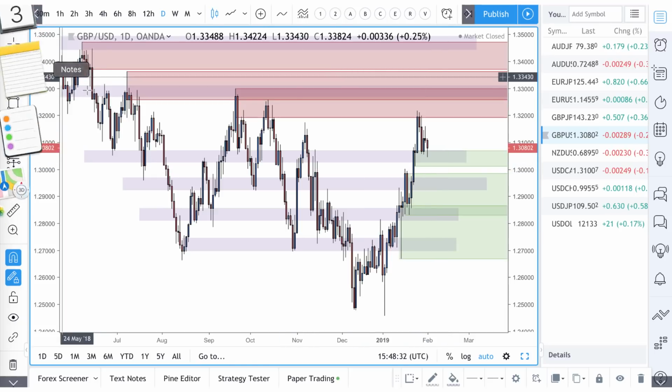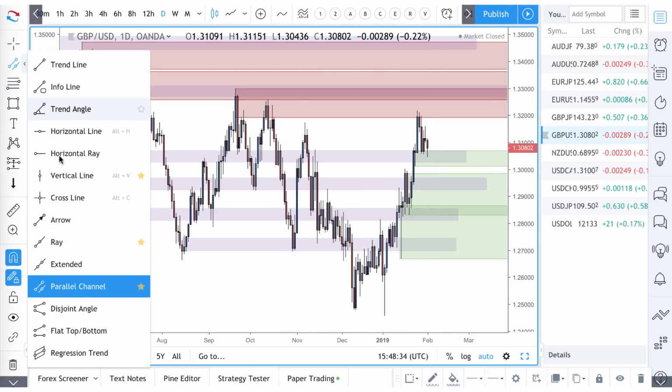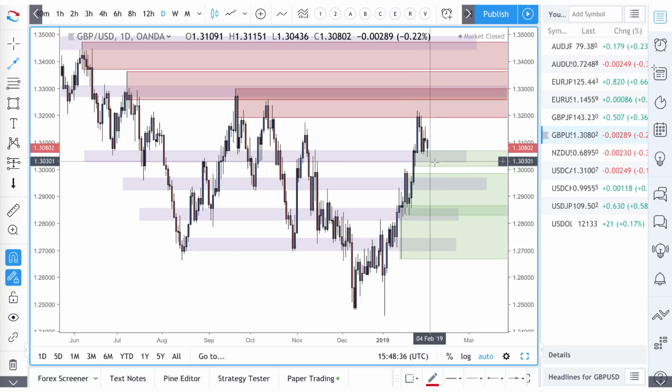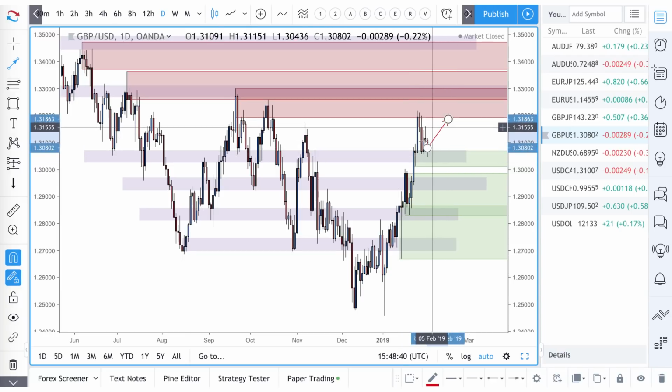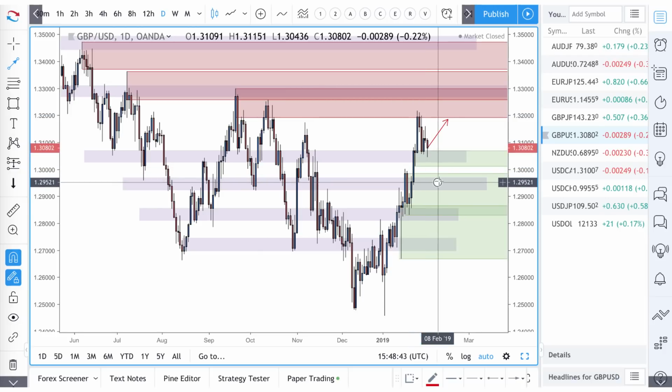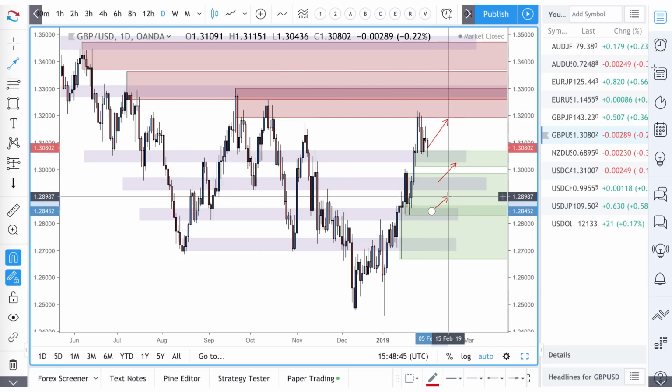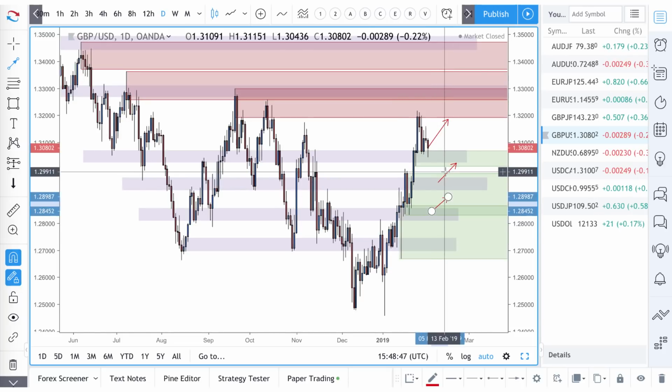Now if we're looking to be buyers of the British pound, then now is your opportunity on the lower time frames. If that breaks down, then you've got these areas within these demand zones here.